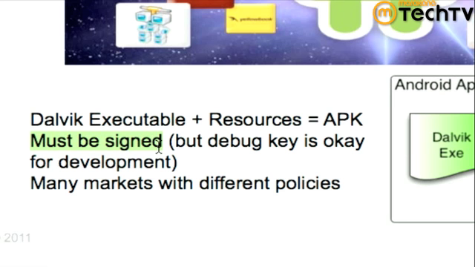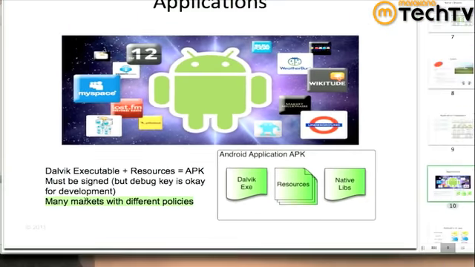But I just wanted to let you know that applications are typically signed, and they must be signed before they're distributed. And as you know, there are many different markets, unlike some other ecosystems such as iPhone. There are many different markets, Google being probably the biggest and best known one, but it's not the only one at all. So that's just a little bit about the applications.